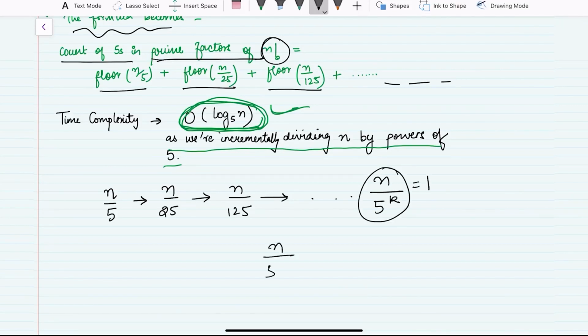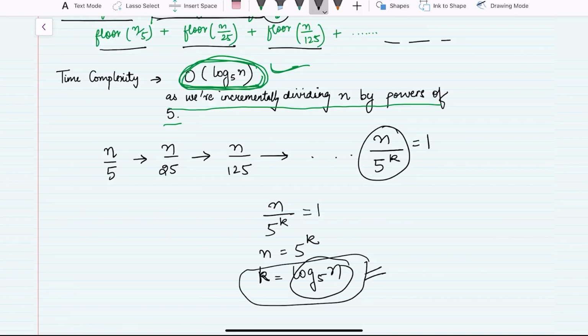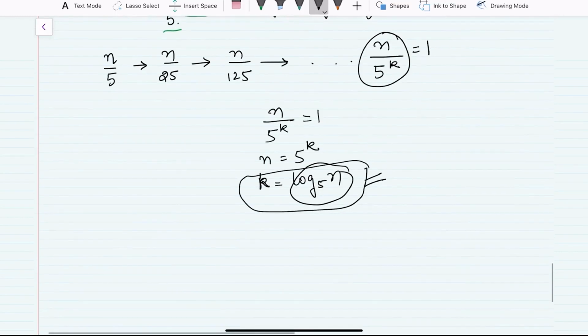So n by 5 to the power k is equal to 1, so n is equal to 5 to the power k. After taking log on both sides, we get k as log base 5 of n. That means log base 5 of n steps are needed to get the solution, and therefore the time complexity is going to be order of log base 5 of n.